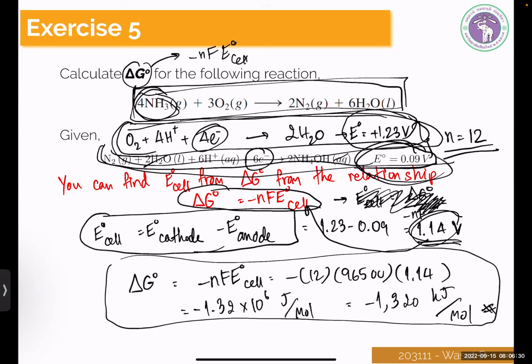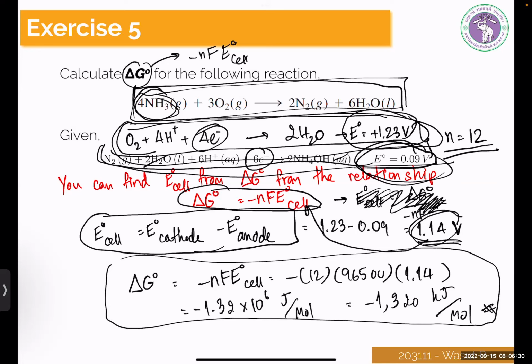Spontaneous, because you have a negative G naught right here, right? Alternatively, if the E naught of the cell is positive, it corresponds to negative G naught, so you can always say that reactions in galvanic cells are always spontaneous.